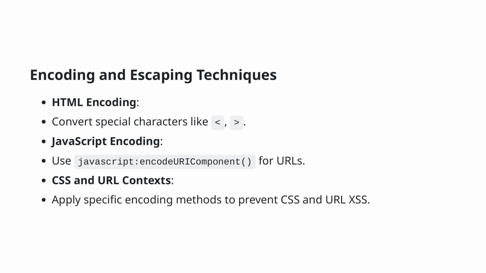In JavaScript, encoding requires the use of functions like encodeURIComponent to safely handle URLs and prevent malicious code execution. Additionally, when dealing with CSS and URL contexts, it's important to apply specific encoding methods tailored for these environments to effectively mitigate XSS risks. By incorporating these techniques, we can significantly enhance the security of web applications against potential exploits.